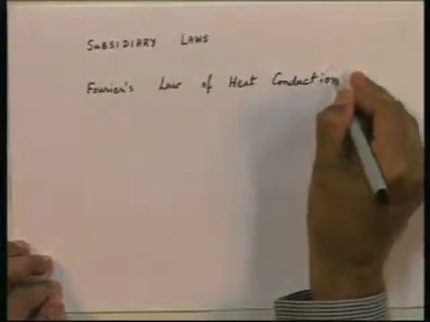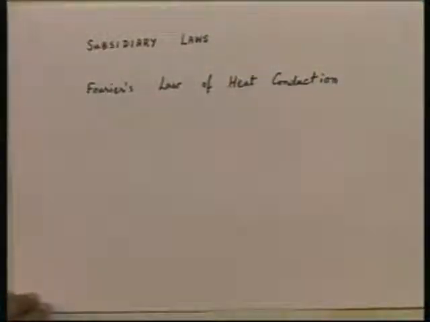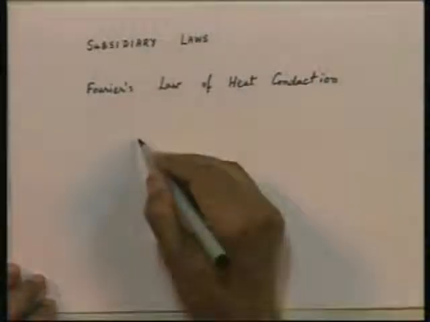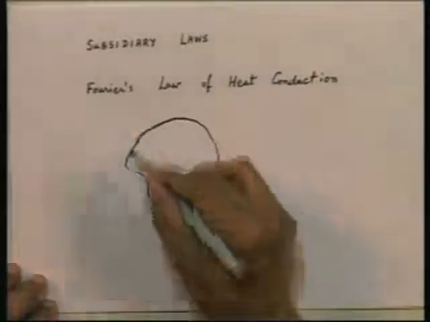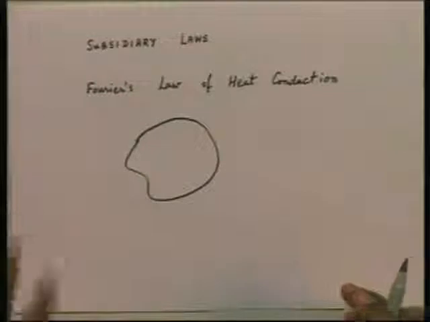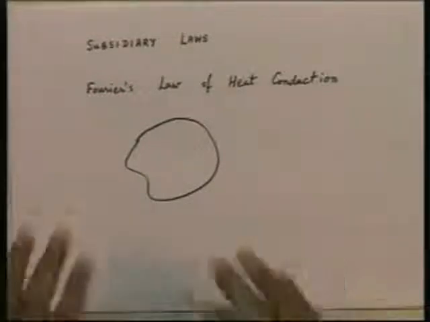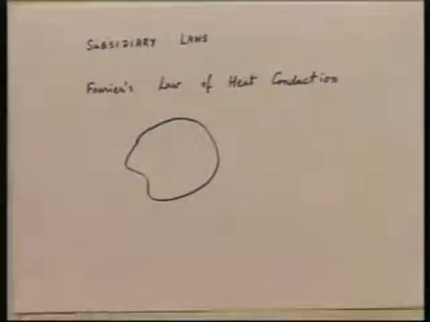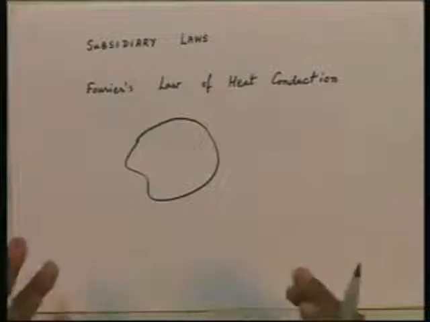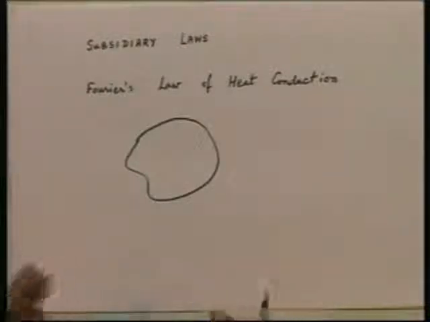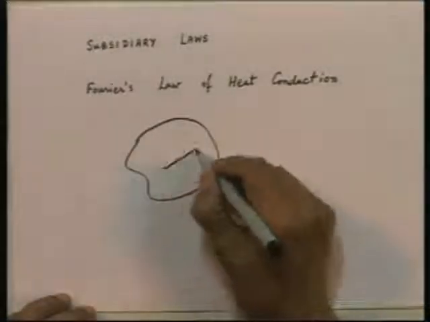The statement of the law is like this. Let us say I have some material. It does not matter which it is, let us say a solid. And there are temperature variations in this material. So we know heat will flow in the direction of decreasing temperature. Let us say I have some direction n.